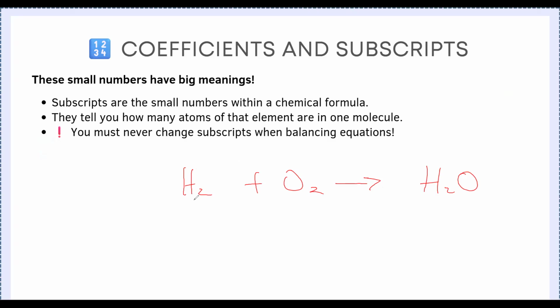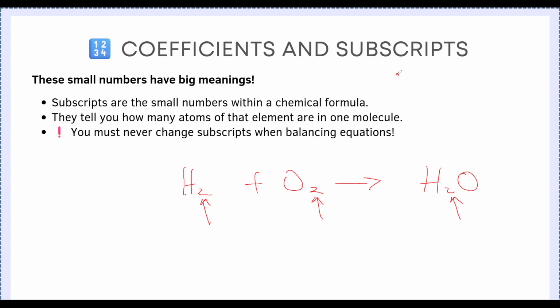Now, the subscripts are simply the small numbers that are within a chemical formula. Let me label them all for you. You can see the small number twos that are placed next to symbols, they are called subscripts. Now, what are they? They are simply the numbers that tell you the number of atoms of an element that is present in one molecule. For instance, over here we have a subscript of 2, and that 2 is standing next to the symbol H, which is for hydrogen.